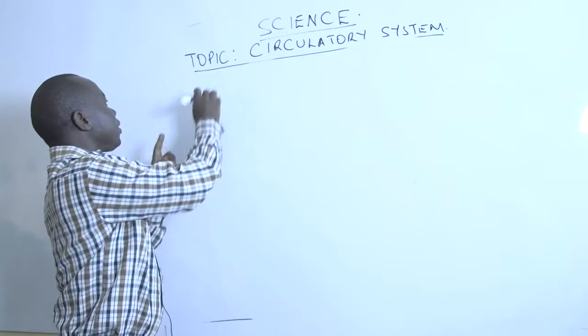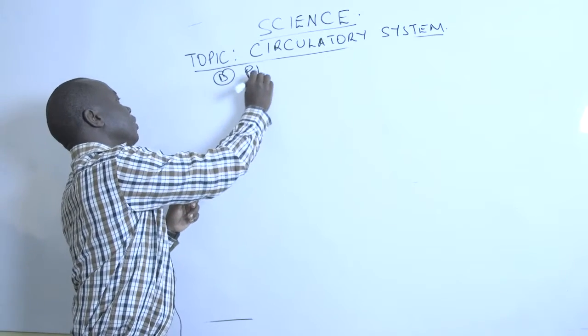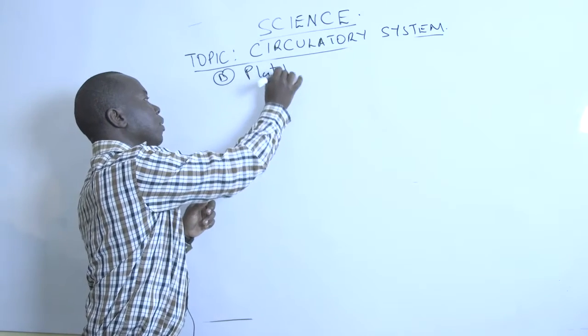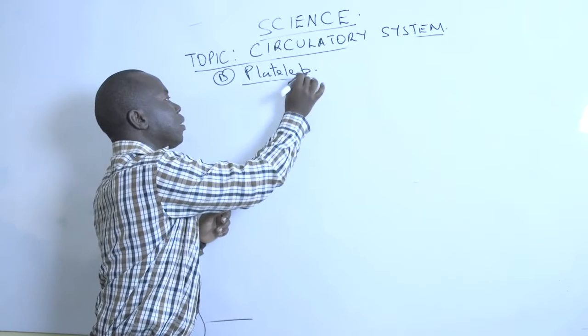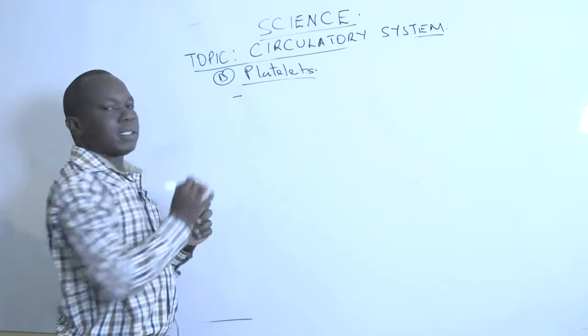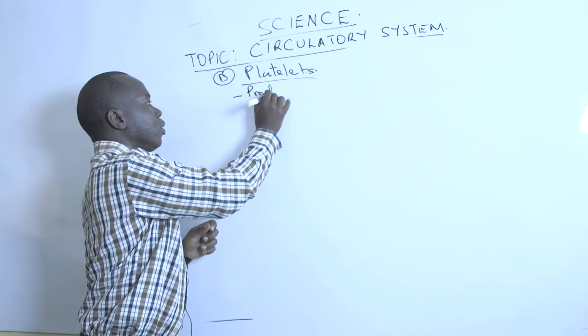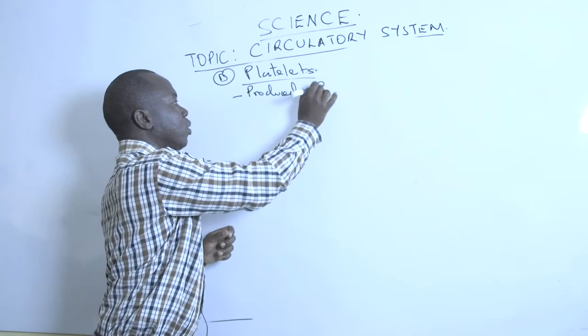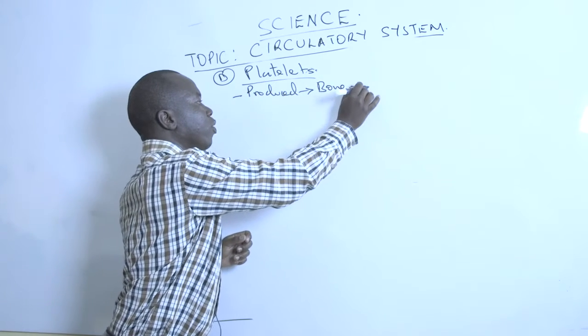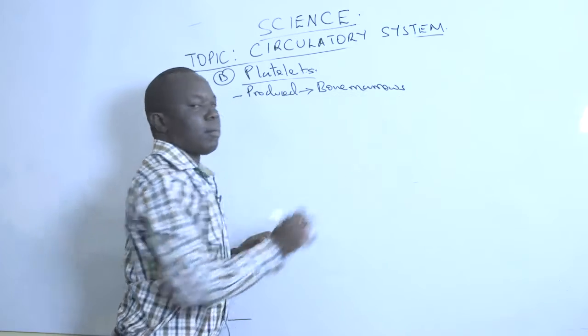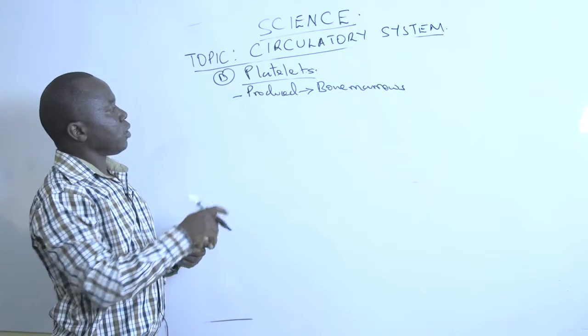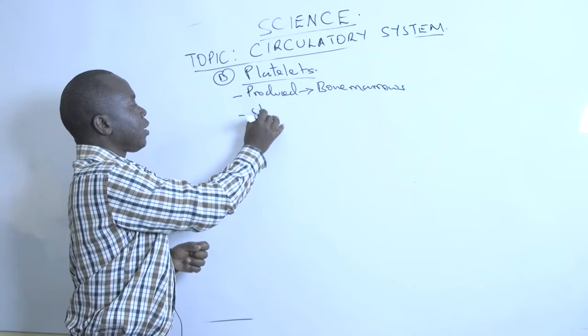Another cell is platelets. Platelets are produced in the bone marrows of all the bones, both long and short. They are usually star-shaped.